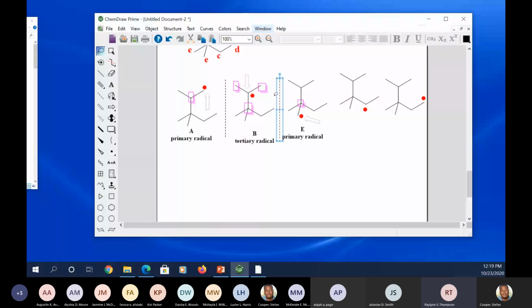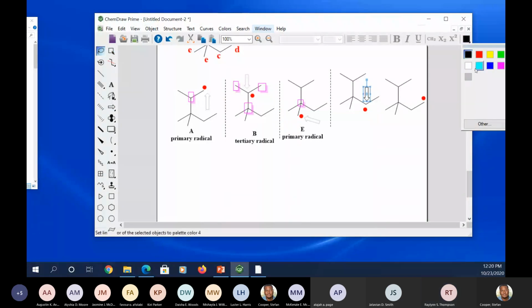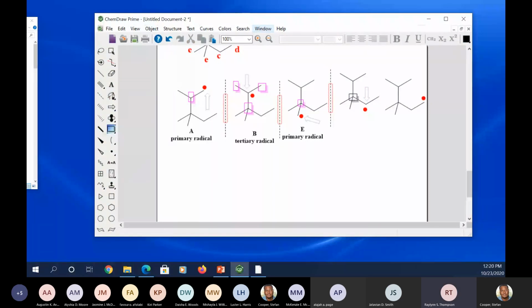What about the one that came from C here? That'll be secondary. Very good. So again, I'm looking at this carbon only. And when I look at that carbon, I realize there's only that carbon and that carbon attached.